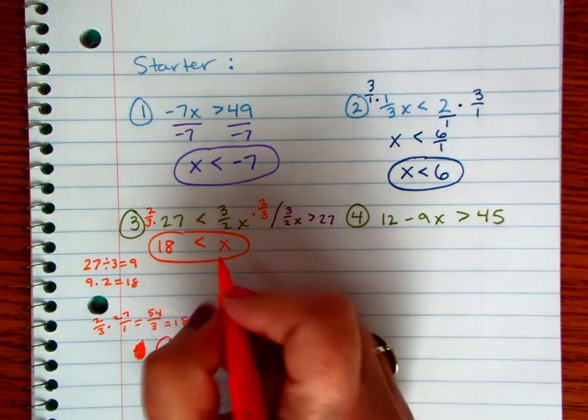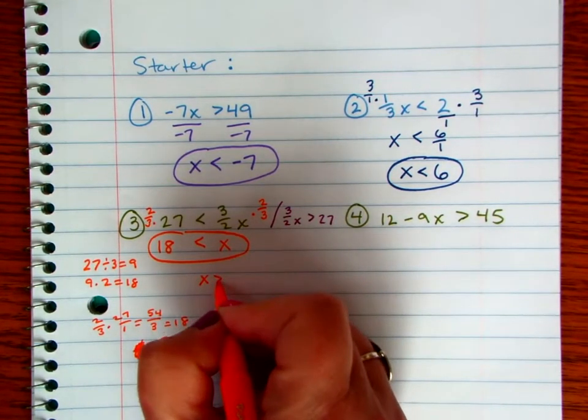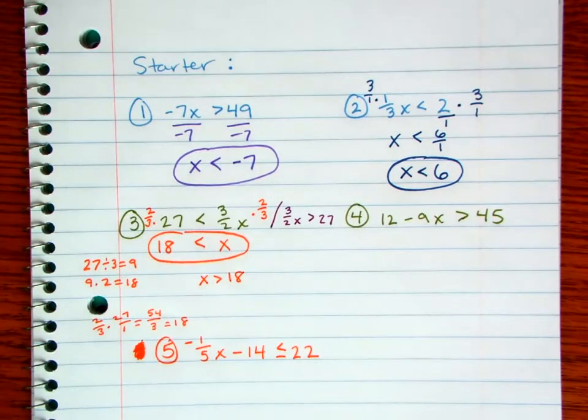Now, if I wanted to graph that, I would have to flip it. It would actually be x is greater than 18. So be careful there. That's a tricky little thing that happens every once in a while, but it's not super important in general, so don't worry too much about that. I'll try to avoid throwing in too many of those problems.